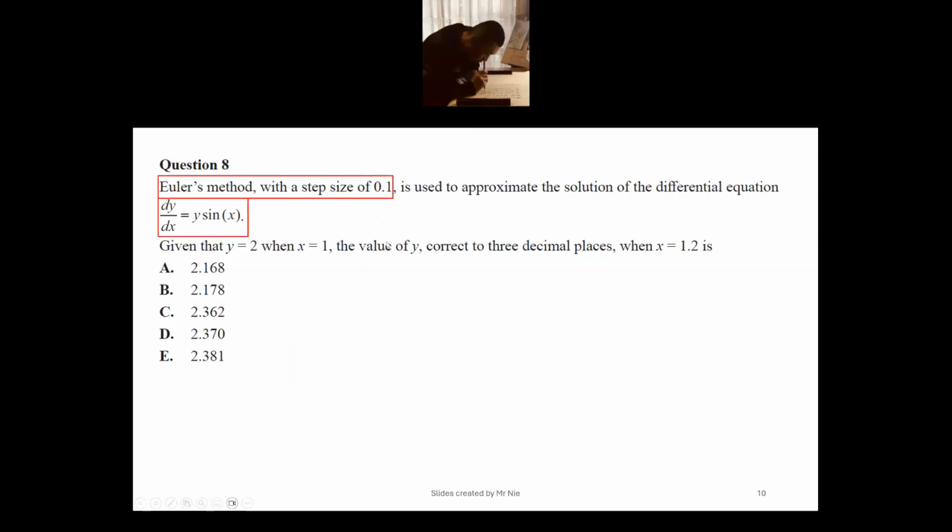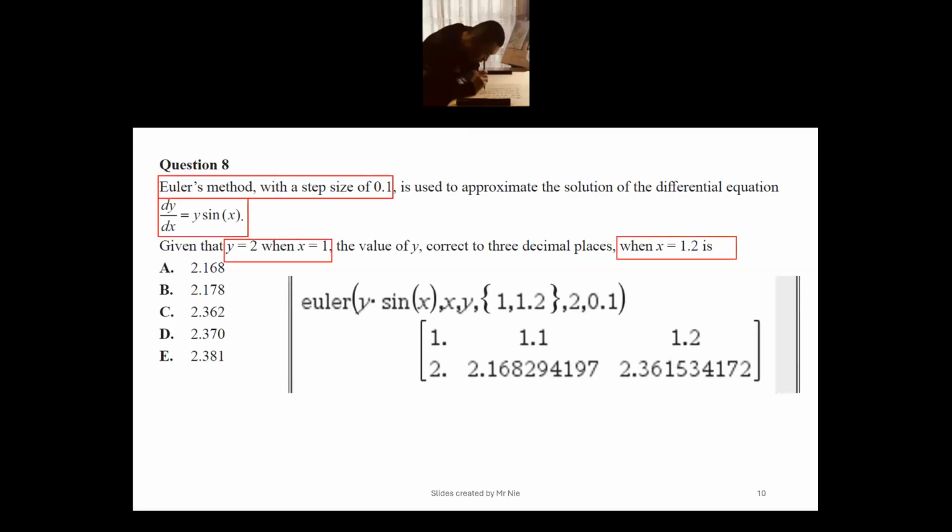So on your CAS calculator, you can get the Euler's button, y times sine x, that is your dy/dx, comma, independent variable, dependent variable, comma, and in the curly bracket, you indicate the change from the first x value to the last x value you want. Next to the comma, you write down the initial y value, and eventually at the end, you indicate the step size. So the final answer should be C, according to the output matrix.